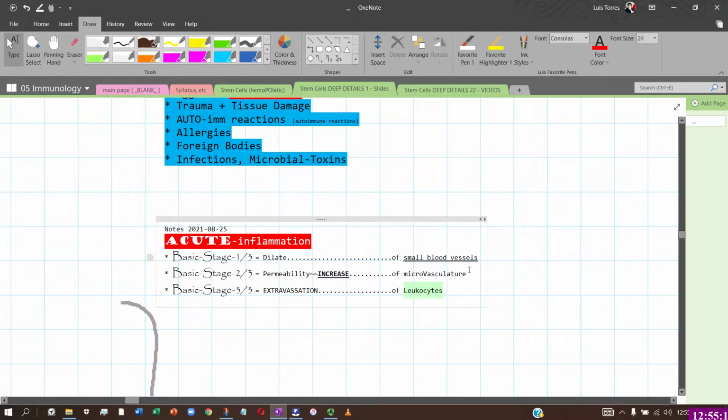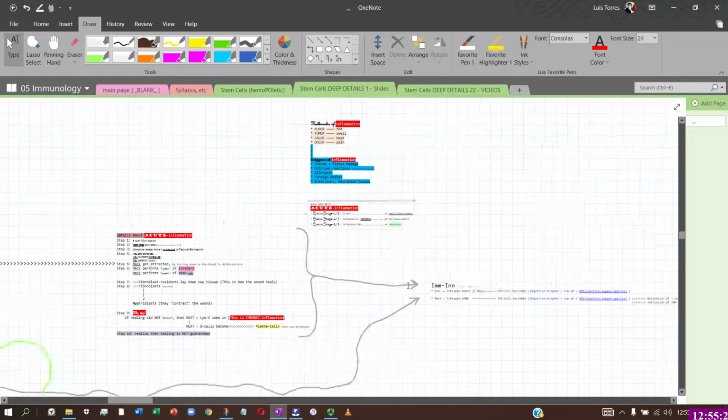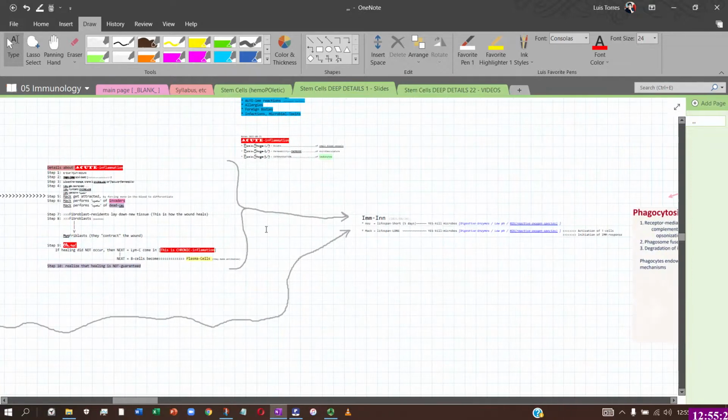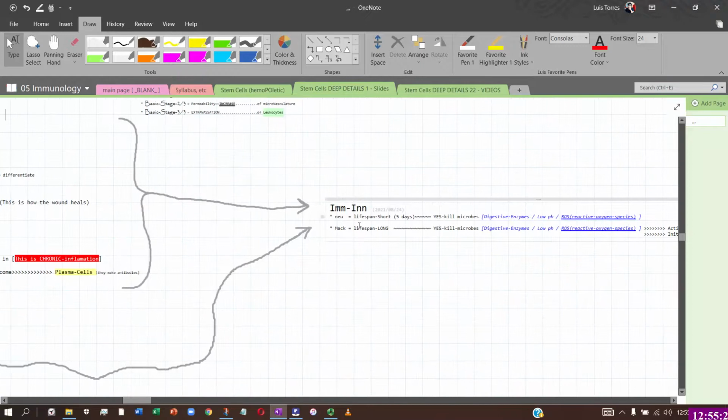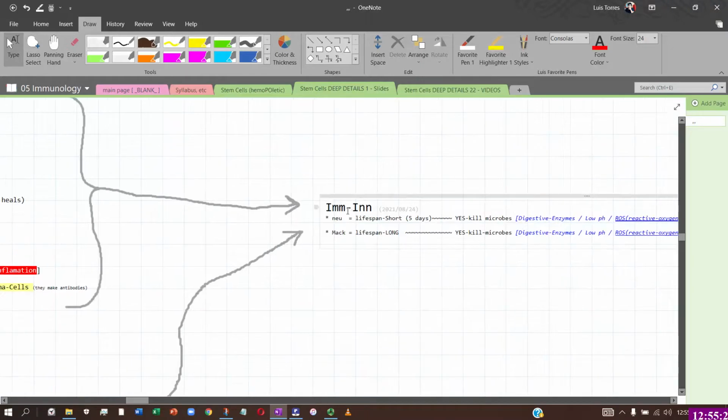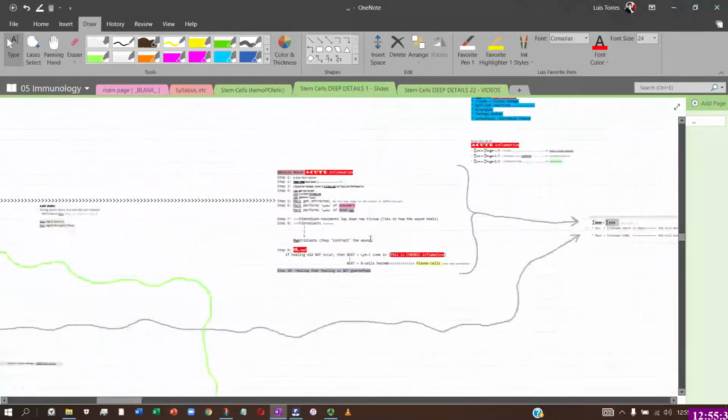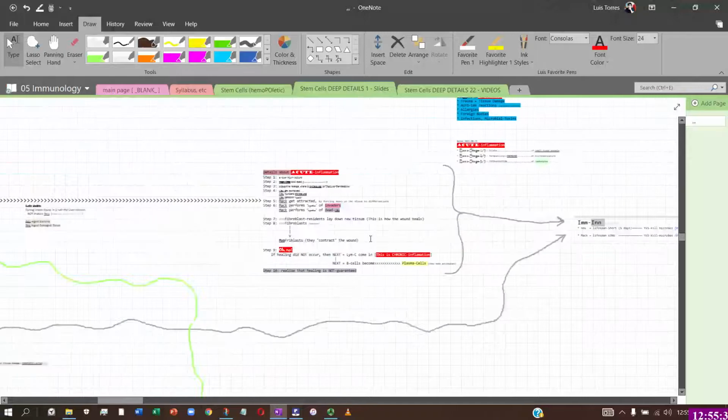Okay, so that's important because acute inflammation ties into innate immunity. So what type of immunity? Innate immunity. So acute inflammation ties into innate immunity.